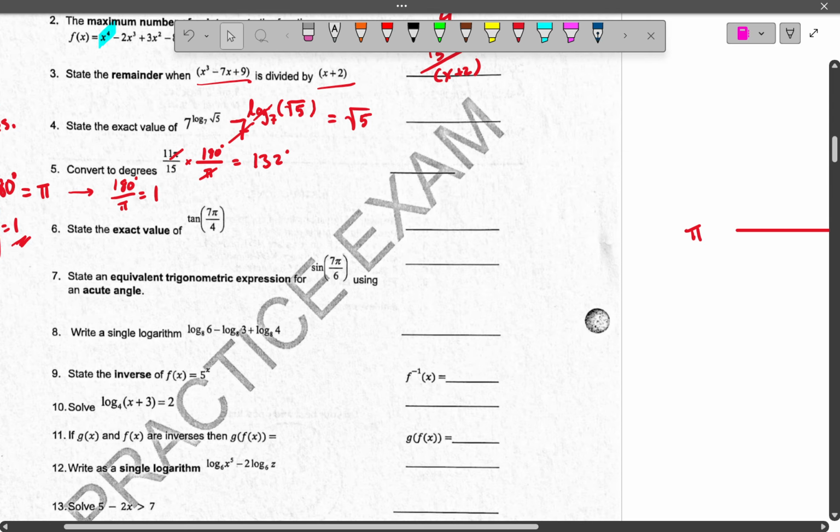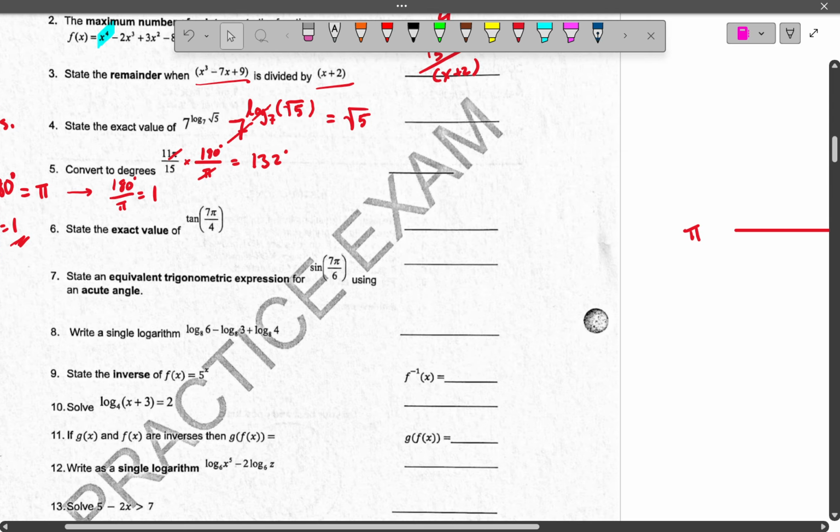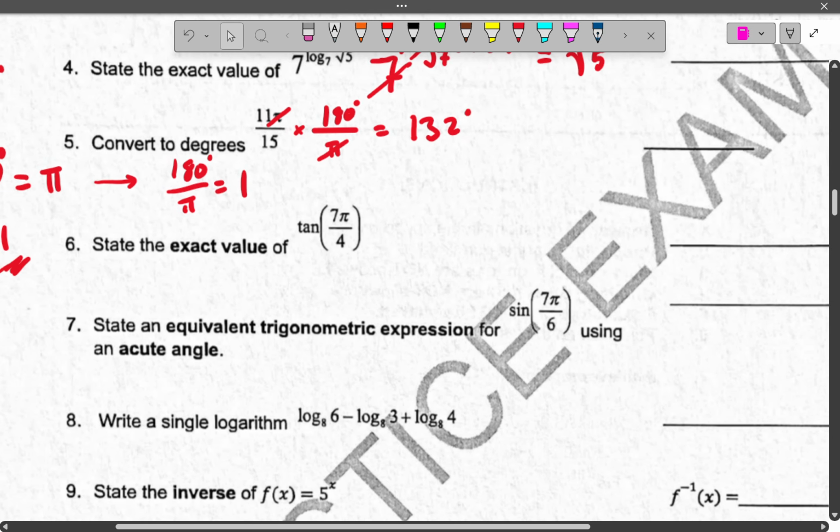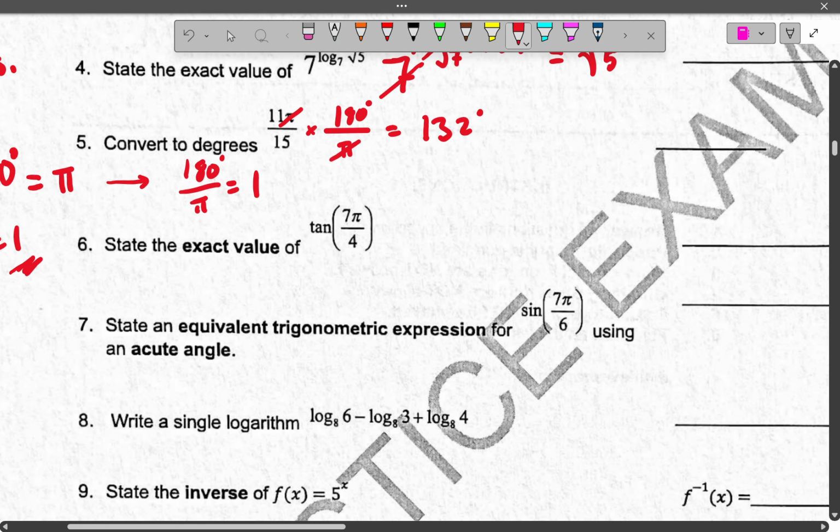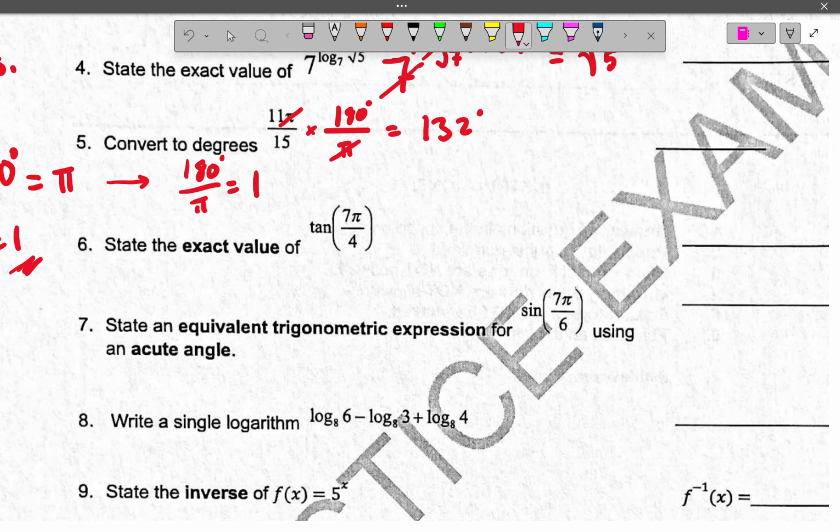So 7 pi over 4 can be written as pi, or that's 4 pi over 4, plus 3 pi over 4.